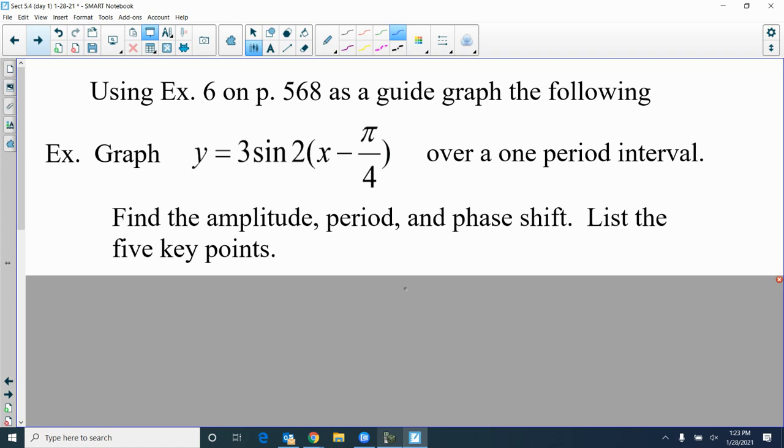All right, now this is key. It says graph this equation over a 1 period interval. And think of the period as starting from 0 to 2 pi.